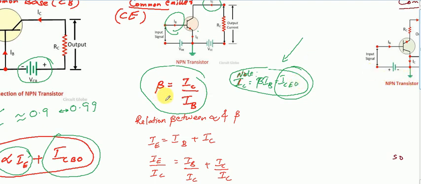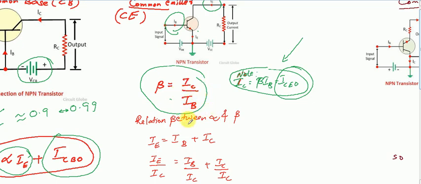Now we learned what is meant by common emitter configuration and its current amplification factor. Current amplification factor is the ratio of output current to input current. So beta is equal to IC divided by IB.